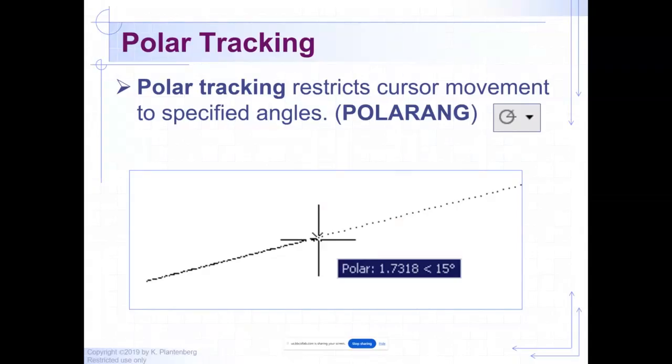So if you have O snaps, which are object snaps, on, and you have your polar tracking on, which is your polar angle, or just polar is what I call it, and then your object tracking, O track, those things can do some really cool stuff because you can find virtual points without drawing a line.